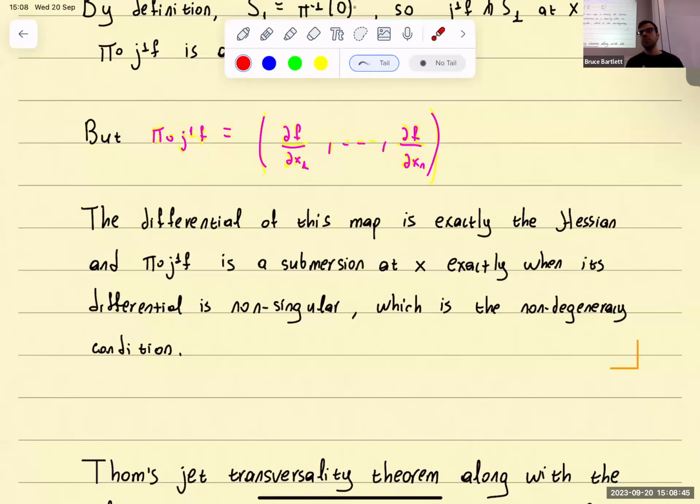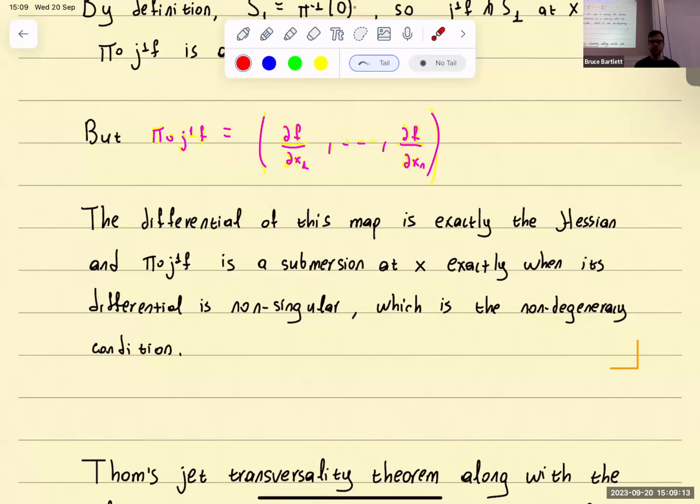What this is saying is that the right invariant way to say that a point is a critical point is to say that J1 is a submersion at that point. That's a nice invariant way to say it. We don't have to talk about the matrix being invertible.